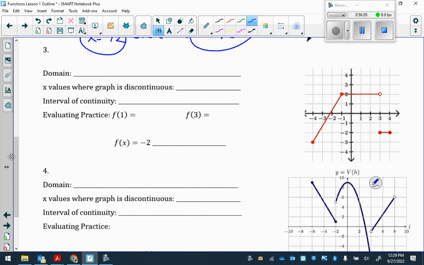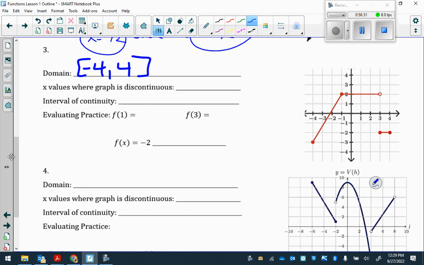What's my domain? Isabel, go ahead. Careful. Domain. Look at the whole big picture. Yep. Negative 4, 4. Both of them are going to have what? Brackets. Negative 4, 4. Okay.